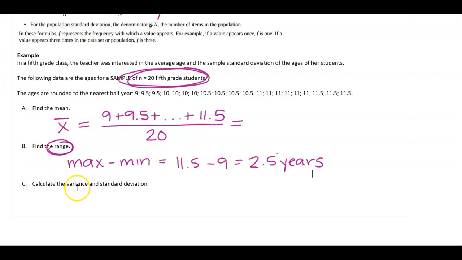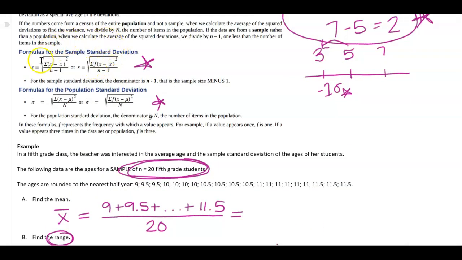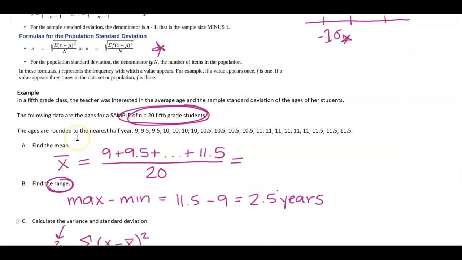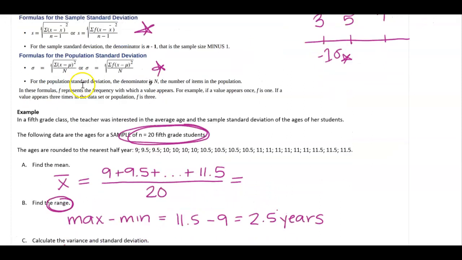All right, for our variance equation, let's go up here. Now, variance, does it say it? No, I think it just gives you it for standard deviation. Okay, so variance is the sum of the squares. And what that means is you're going to add up each and every x minus x bar and square it. And then since this is a sample, we're going to divide by n minus 1.